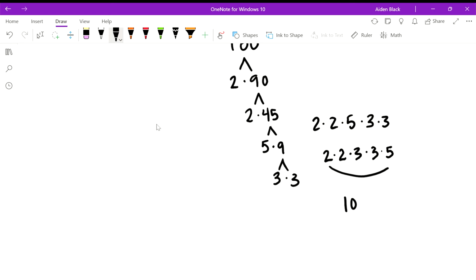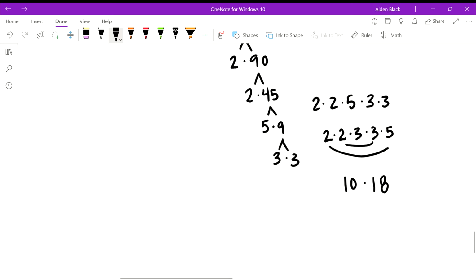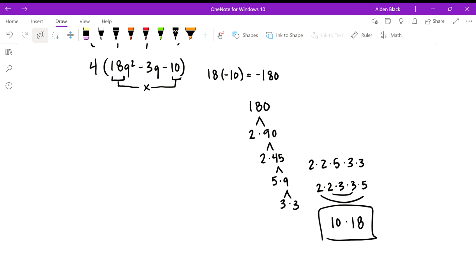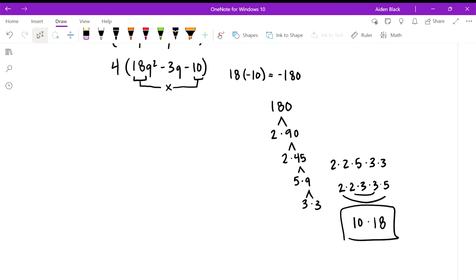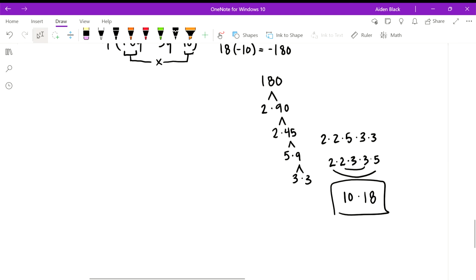And then I'll look at multiplying all three of these inner ones. So that is 2 times 3, which is 6, times 3 is 18. Now if we use these two values, and you could have seen that without having to do the prime factorization, we'll notice that the difference isn't 3.